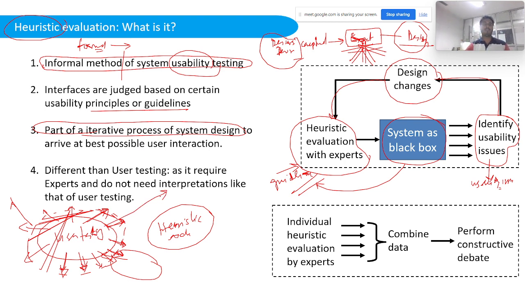So user testing always requires further interpretation after we collect the user testing data, and that again involves expert evaluation. And the data that are generated can be of varying nature: videos, protocol data, transcribed data, audio data. So there is a lot of different data which needs to be interpreted for identifying usability issues. Heuristic evaluation, on the other hand, is a direct method.